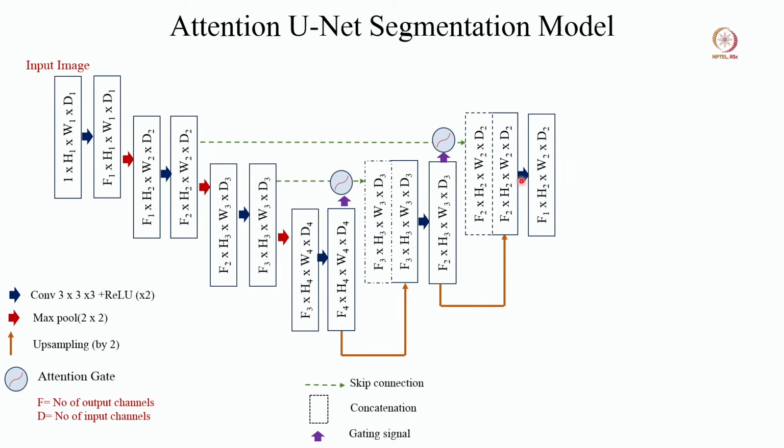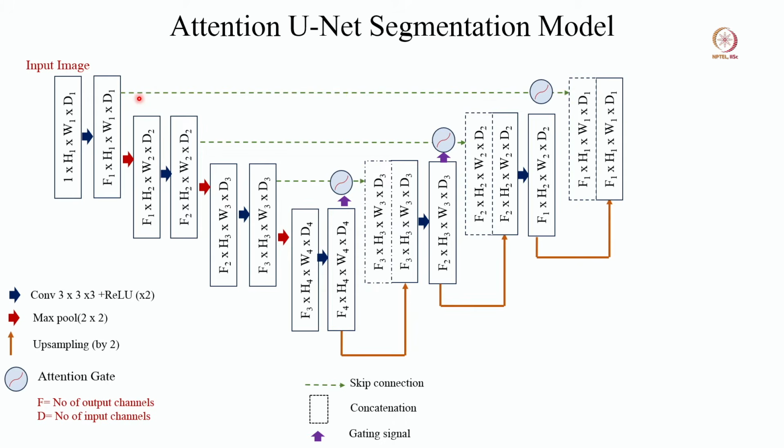This means there are 2 layers of convolution, 3x3 convolutions, and then we go back, there is another upsampling which takes it to the original input size H1 W1 D1, with F1 output features, and there is concatenation here that is coming from the skip connections.